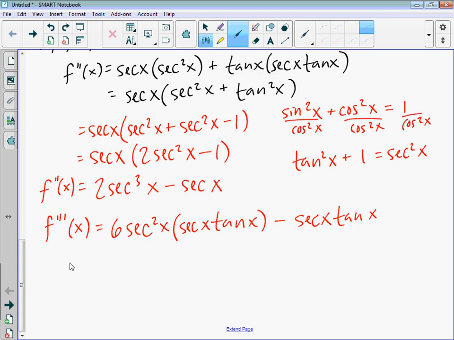You could leave it like that if you want to. I would probably factor out a secant x tangent x because it's in both of these chunks here. And that's probably what you'd get if you'd done the product rule. So this is 6 secant squared x minus 1 then. And then we'll go from there tomorrow. I'll save this so that we're not trying to come back to it.